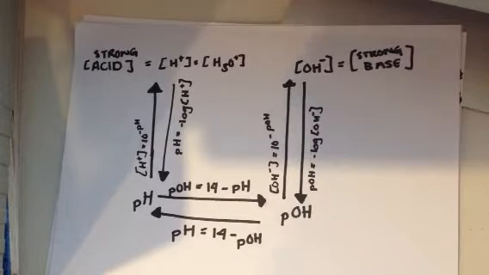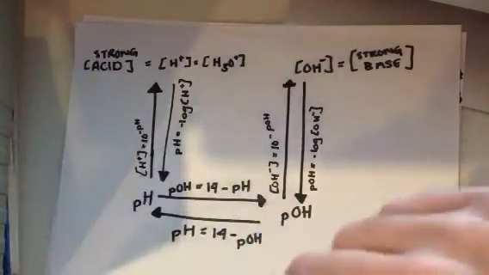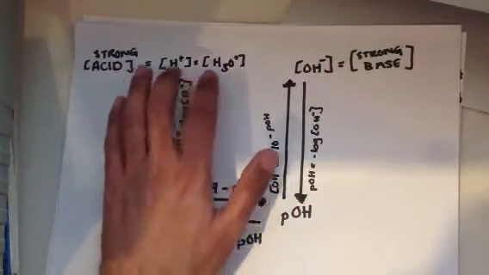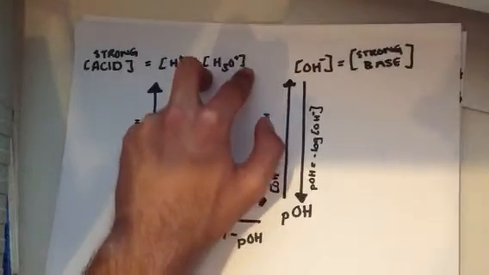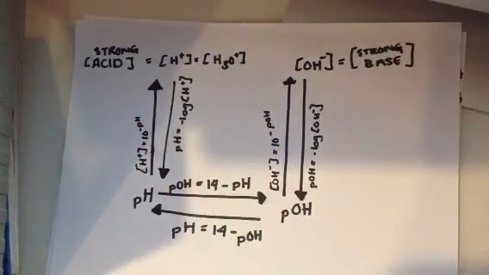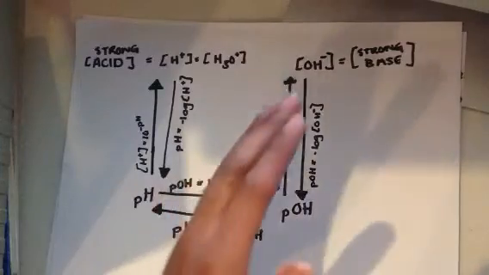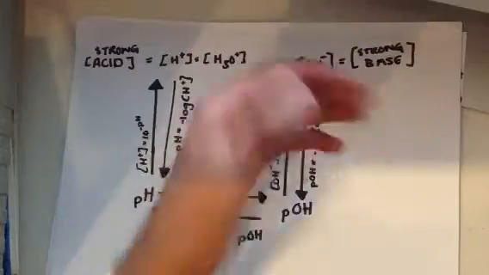And so, for the questions you'll be dealing with in this unit, you're going to be looking at things like the concentration of hydronium ions of an acid, or if you're given the pH, you might be told to see how basic it is by saying what is the concentration of the hydroxide ions.